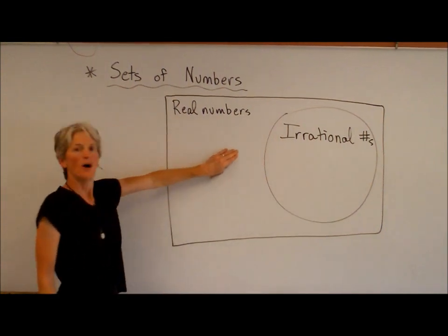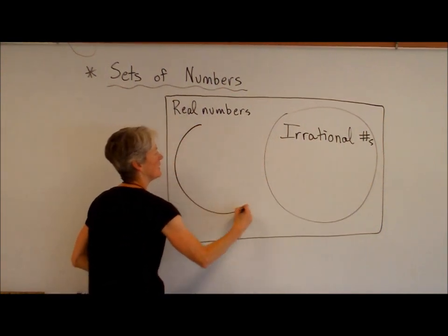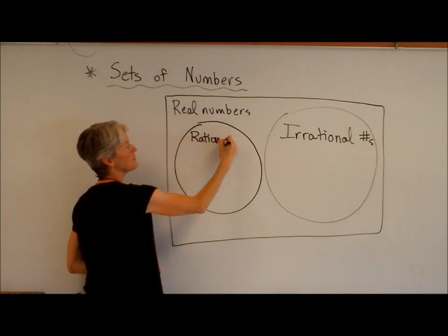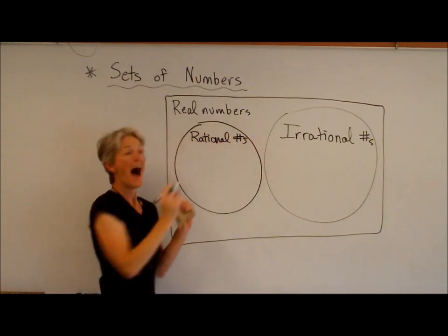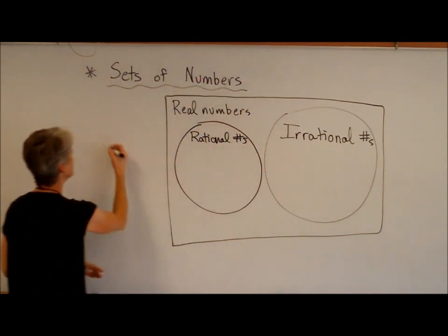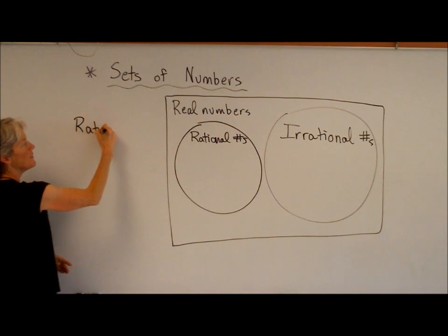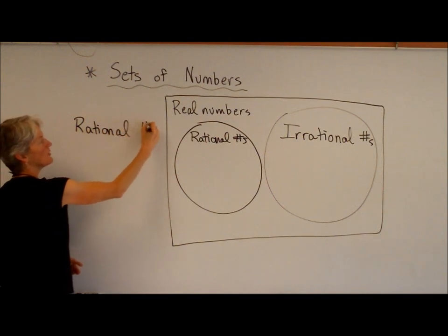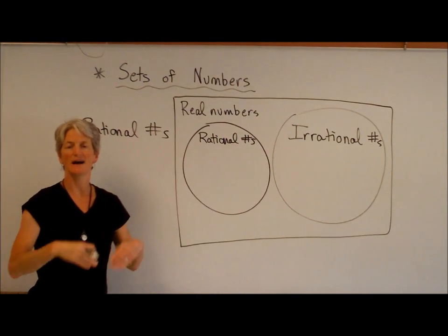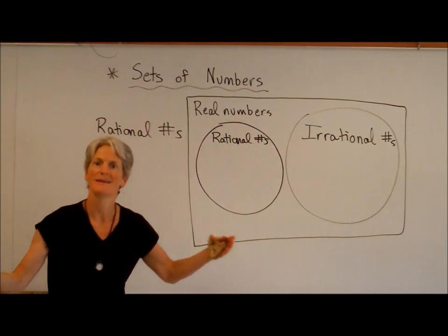Okay, so over here will be our rational numbers. Rational numbers are numbers that are not irrational. But of course, all of these are still real. Rational numbers actually have their own little abbreviation.